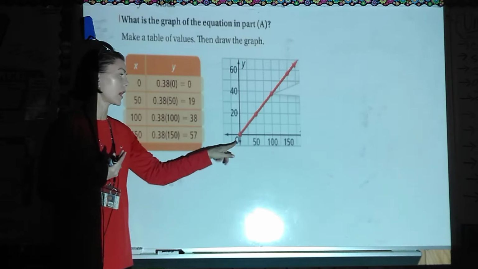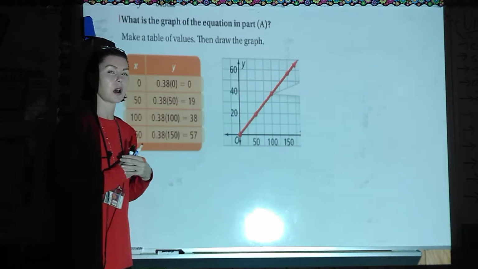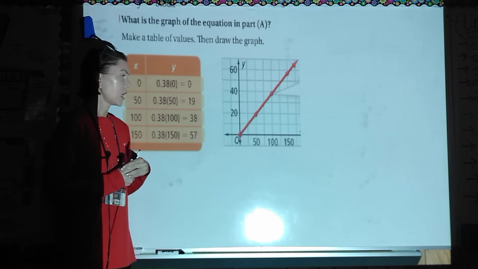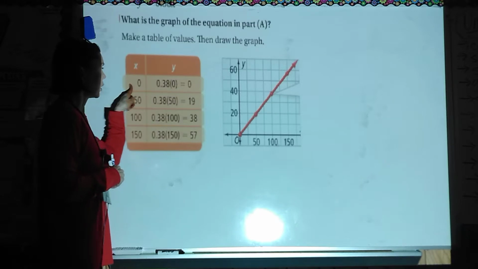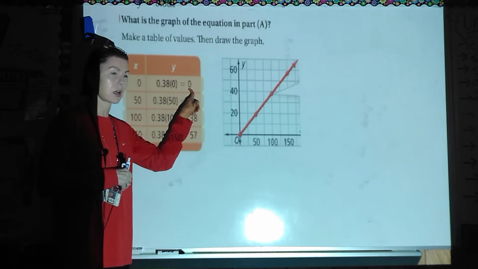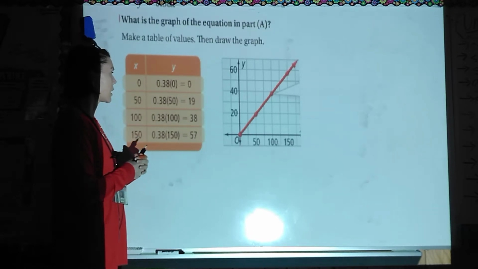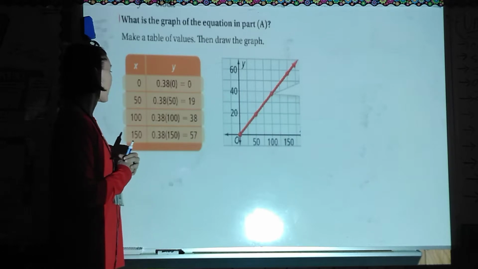What is the dead giveaway? It goes through 0, 0, and it's a positive slope. When x is 0, your y is also 0. That makes sense because you're just plugging in for x each time.